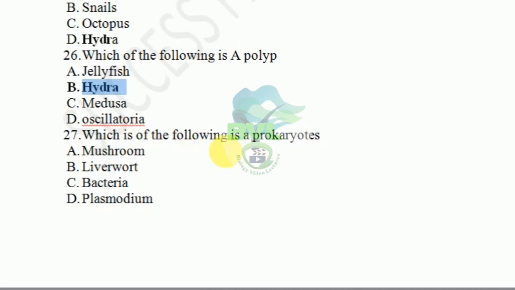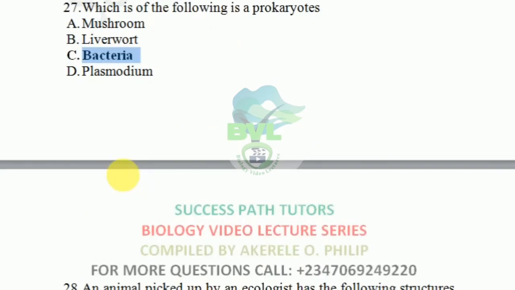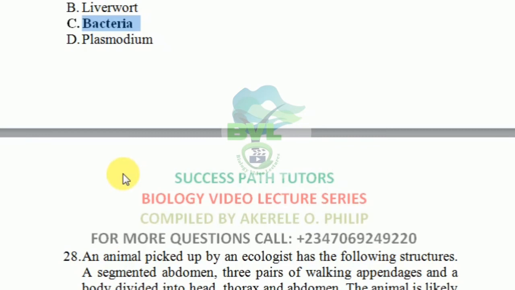Alright, so which of the following here does not have a well-defined nucleus? That's your bacteria. Bacteria doesn't have a well-defined nucleus. So every other thing here are all eukaryotes. They have a well-defined nucleus. So their DNA and RNA are found within a confined place called the nucleus.